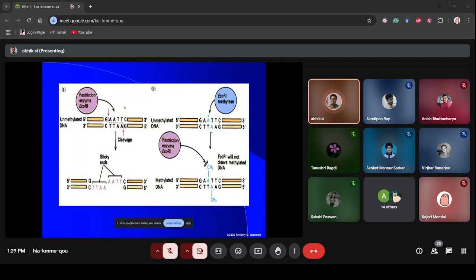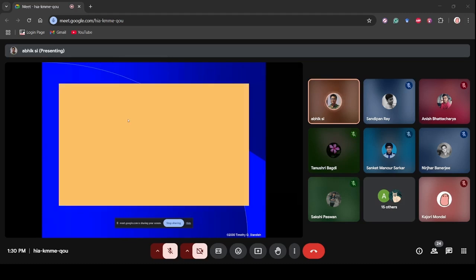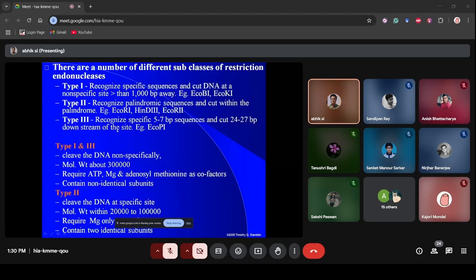They will bind with the specific sequence, but they will cut somewhere else, generally not within this sequence. So the cut is not specific. Again, all three can recognize the specific sequence, but only type 2 can cut a specific region, and type 1 and 3 cut non-specifically. So these are the basic differences between these types.